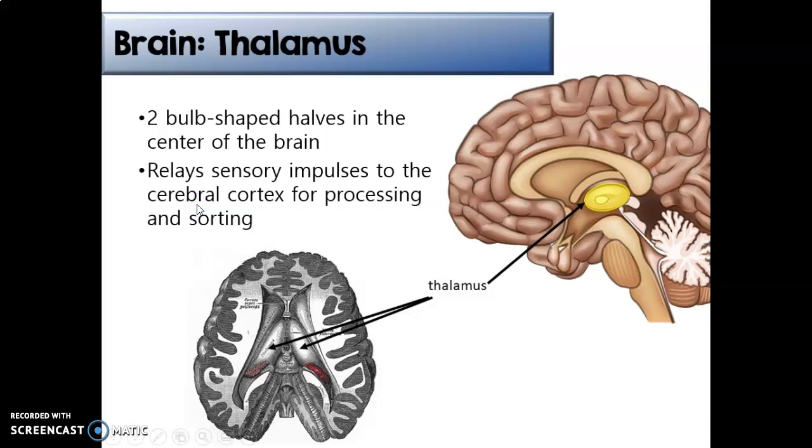It relays sensory impulses to the cerebral cortex for processing and sorting. So all of your sensory input comes here to the thalamus, and then it sorts out where it needs to go from there. Remember, down here is where our pituitary glands are, and we're going to be talking about that. So just be looking at the diagrams and getting familiar with those.